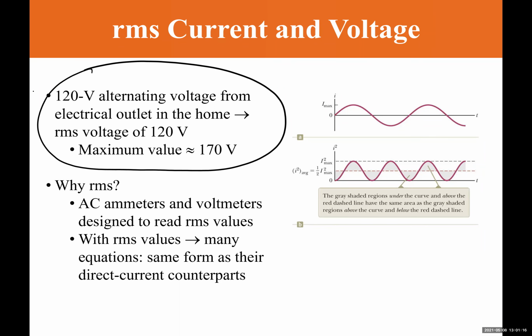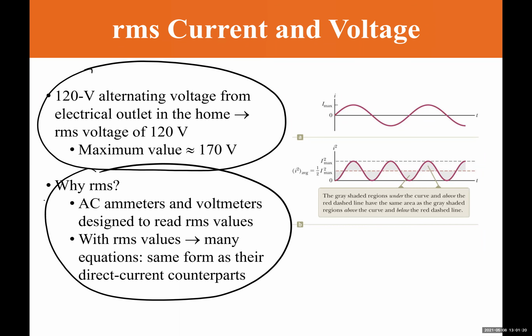RMS values are useful because we can measure them. If you have a voltmeter or an ammeter, a device that can measure voltage and current in your circuit, imagine if you connect it to your circuit to measure the voltage. Well, you can't in an AC circuit, because the voltage constantly changes, goes to maximum, zero, negative, so your value is going to shift every second.